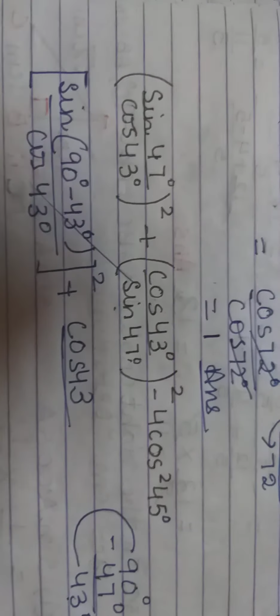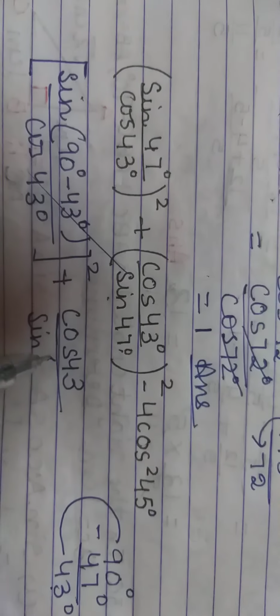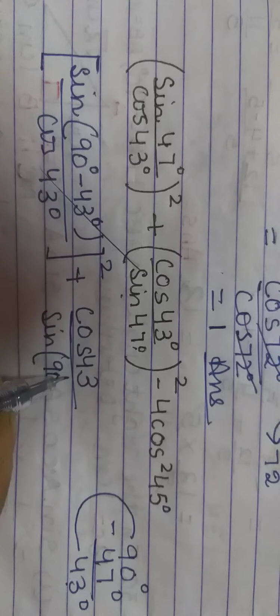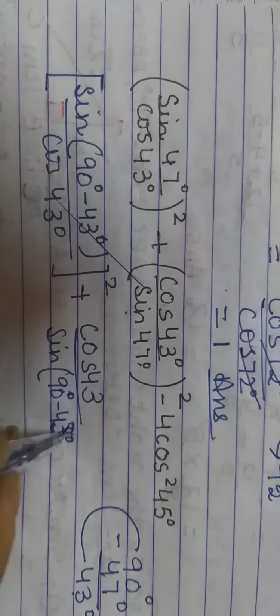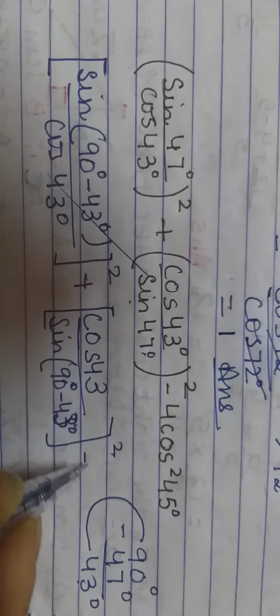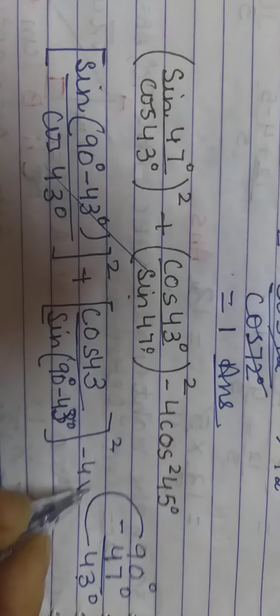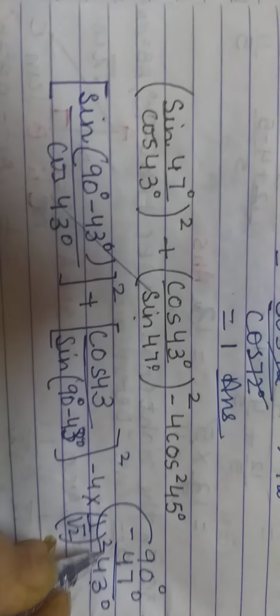I've told you we need to change either the numerator or the denominator. Now in place of 47 I can write 90 minus 43 degrees. I've already told you this, right? Now, what is the value of cos 45? It is 1 upon root 2, whole squared.